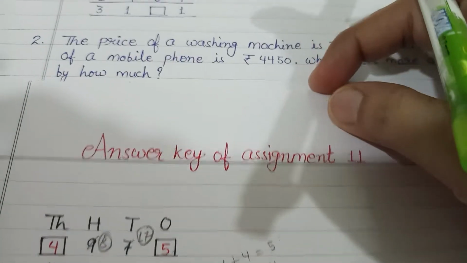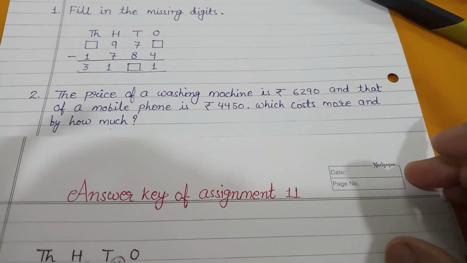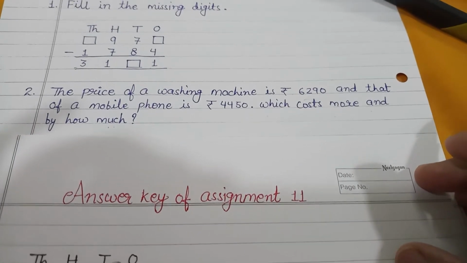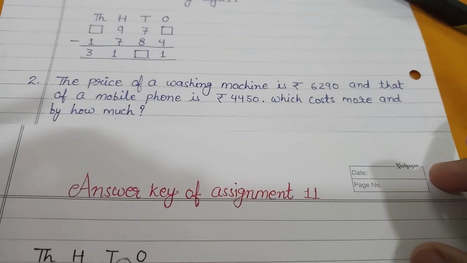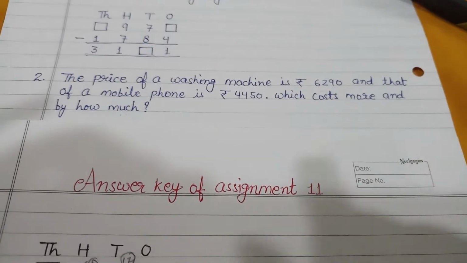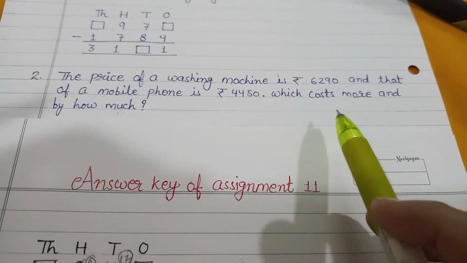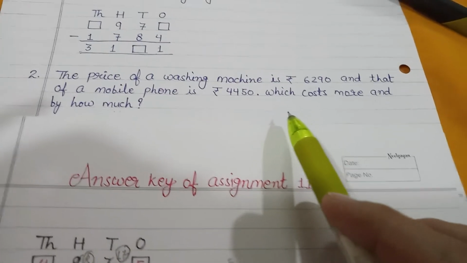The second question was one word problem. The price of a washing machine is rupees 6,290 and that of a mobile phone is rupees 4,450. Which costs more and by how much? It means you have to compare and find the difference.